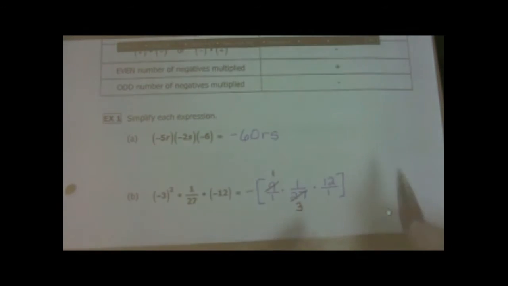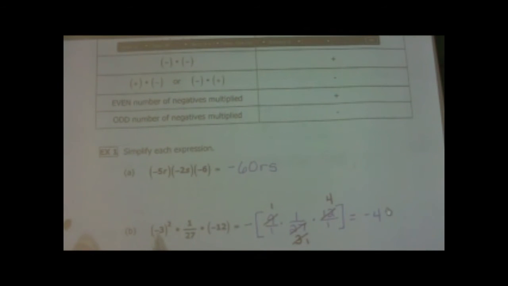So this goes into itself once, into 27 3 times. And what goes into 3 and 12? 3. So now I'm crossing this out. It's a 1. And this is a 4. And out of all this, I've got 1 times 1 times 4 on top, and 1 times 1 times 1 on the bottom, which is 1, and we don't need it. If the bottom is 1, it just goes away. So this is negative 4.